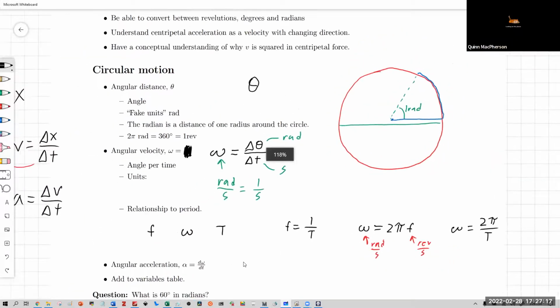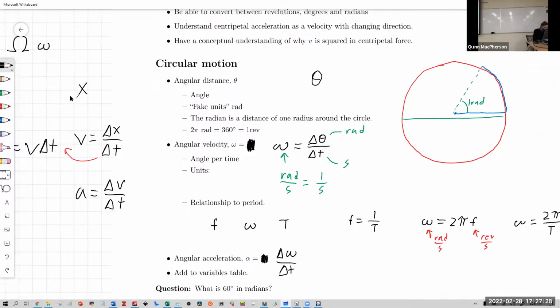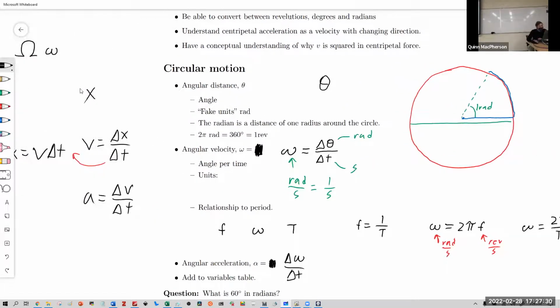There's also a thing called angular acceleration, which is change in omega over change in time. So remember how we had position, velocity, acceleration: x, the change in x over change in t, and then the change in v over change in t? Well, to get angular acceleration, we take the change in angular velocity over time.